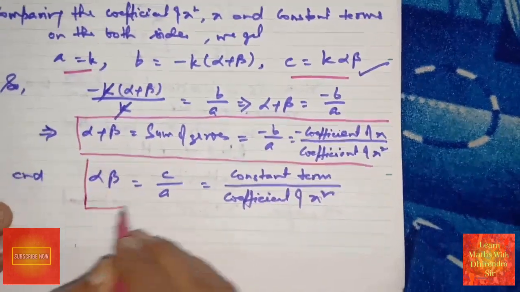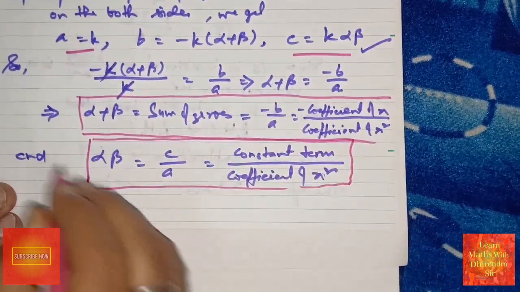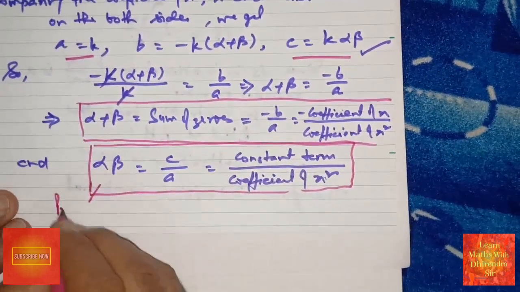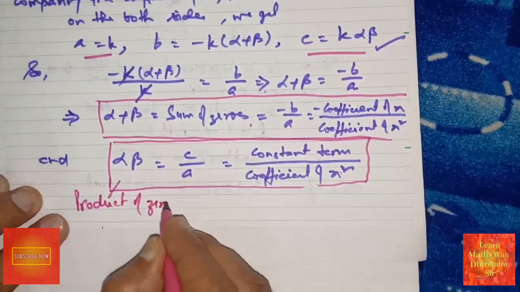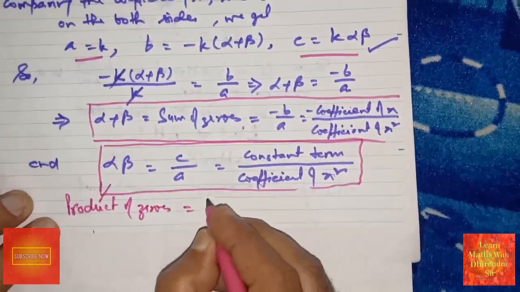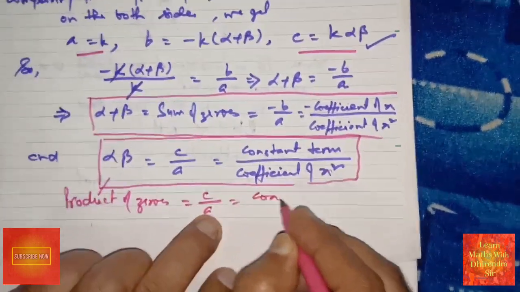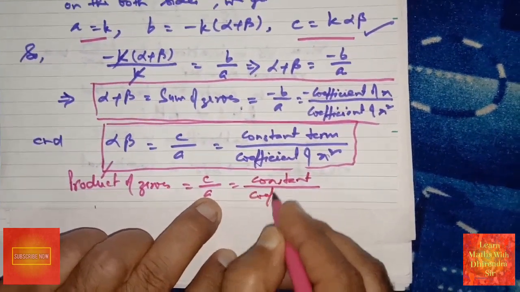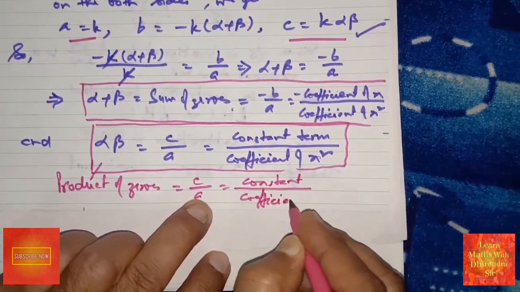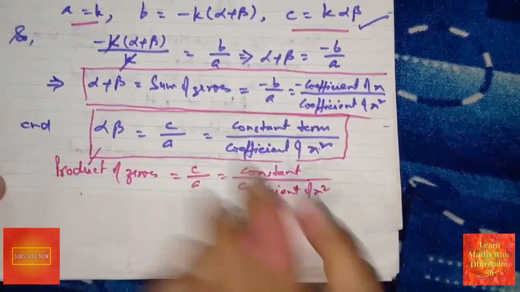Similarly, alpha into beta, that is the product of zeros, is equal to c upon a, equal to constant upon coefficient of x square. Is it clear?